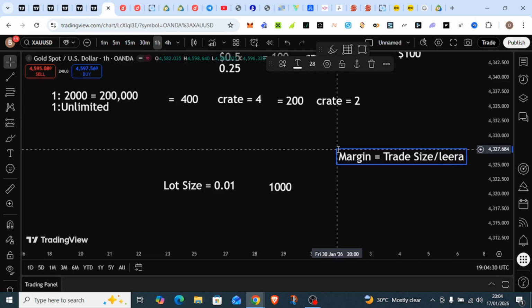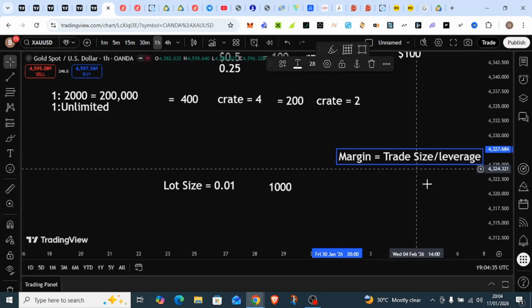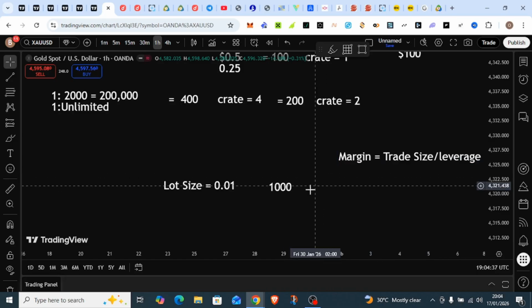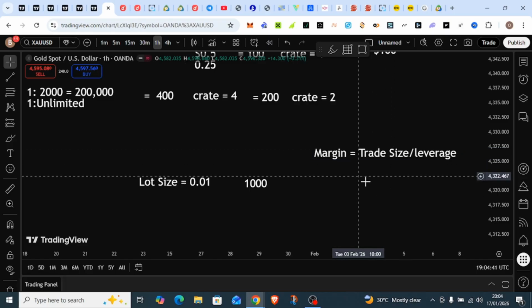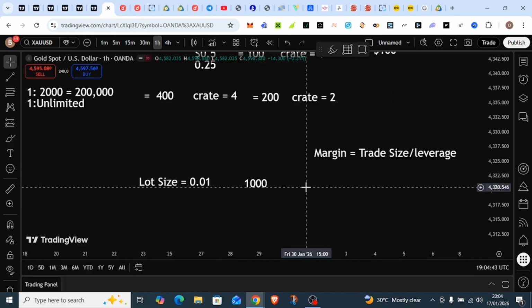We have to calculate and know the minimum leverage we use. Trade size is 1000.